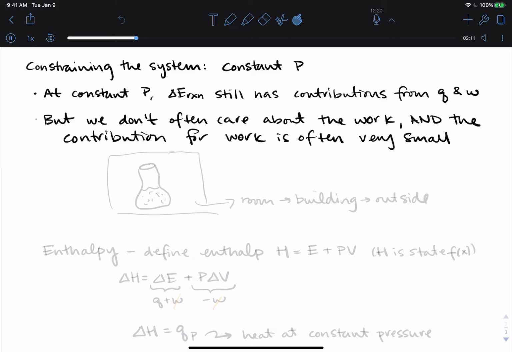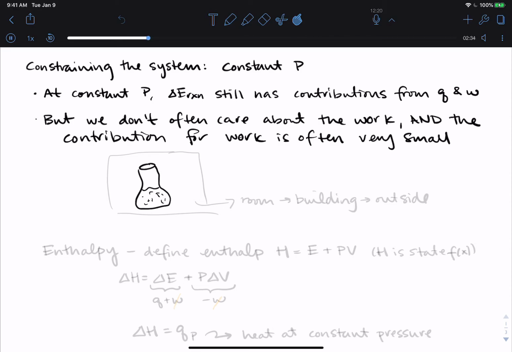It's sometimes so small that it doesn't change our calculation value anyway. Imagine that you had some reaction, and we're just going to put a little Erlenmeyer flask, and we have some reaction going on in here, and the reaction is the system, and then we have our surroundings.